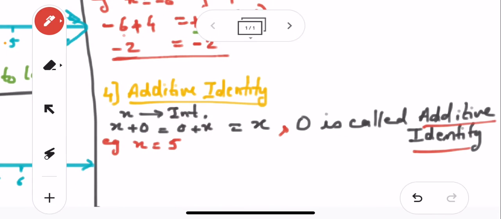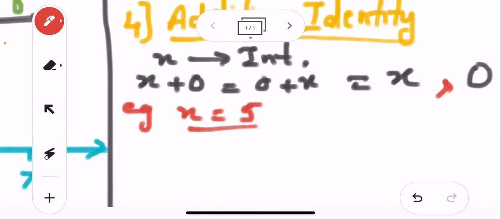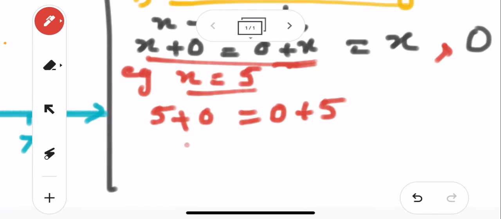Example, if x is 5, so 5 plus 0 is equal to, substituting the values, 0 plus 5. So if you see, the answer is 5 is equal to 5. So this is additive identity.